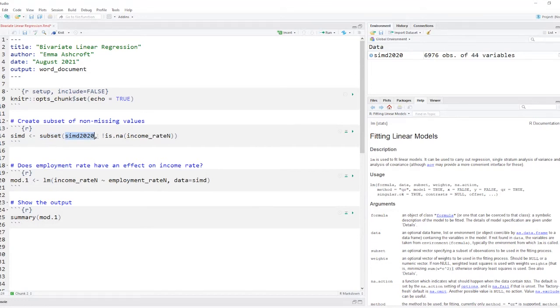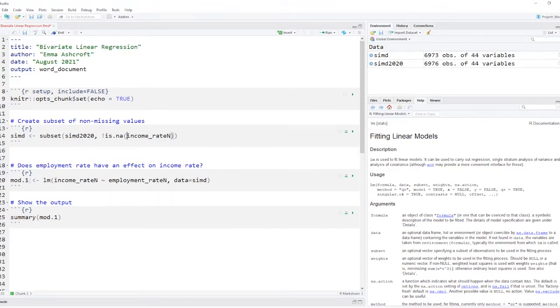We then use the exclamation mark is.na function, then place our outcome variable in the brackets. So we see in our global environment, we have 6,973 observations.